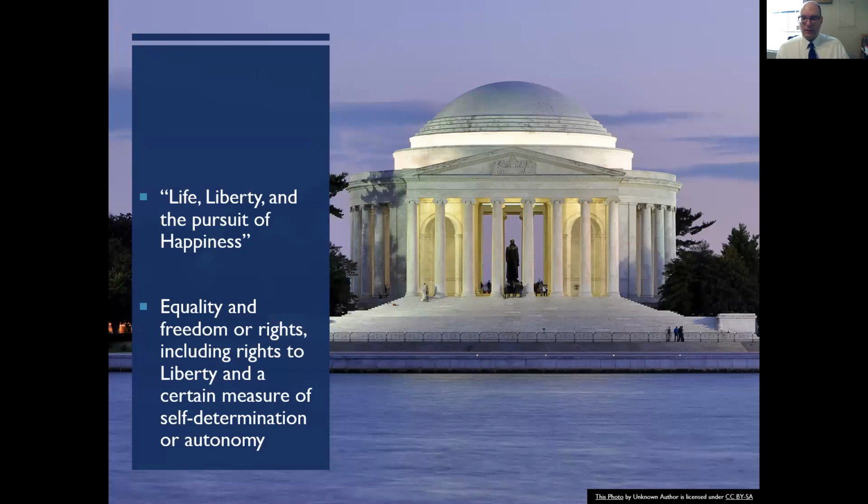If you're enslaved to another person, they can basically end your life whenever they want to. So to say you have a right to life really implies you have a right to liberty just in order to defend your life. And then Locke's view was, and therefore you have a right to property.